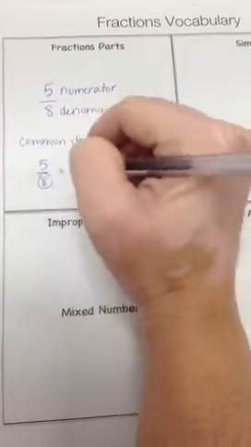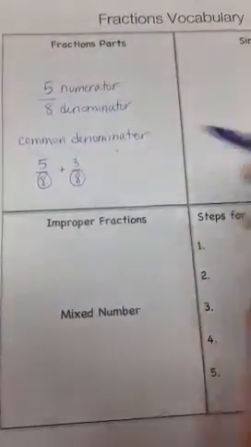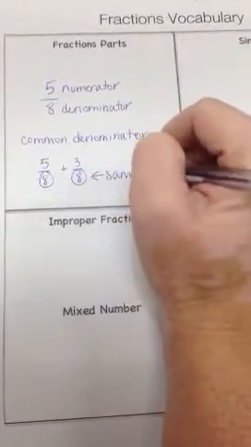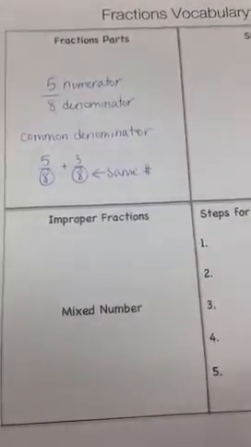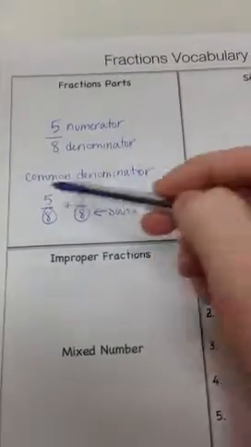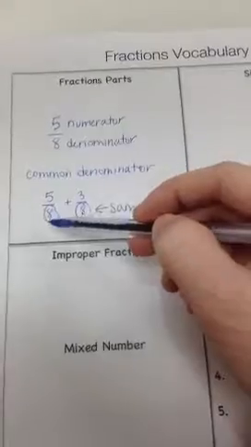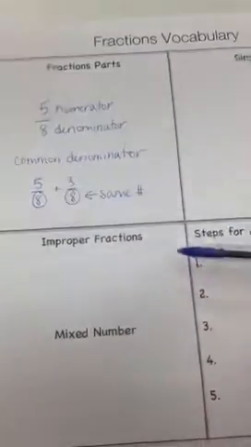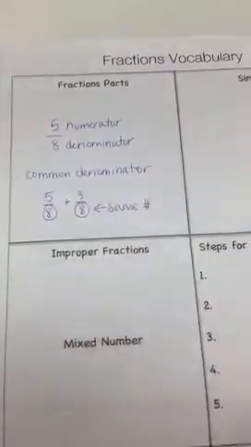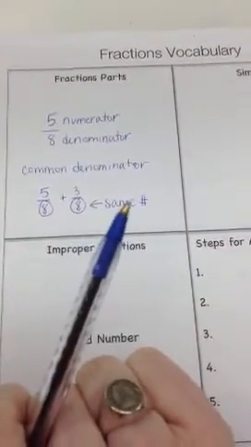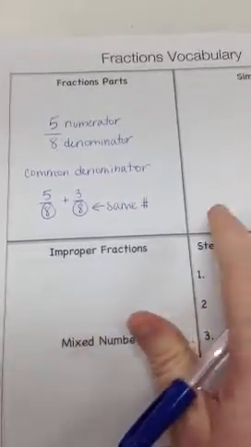If the denominator is the same on bottom, then that means that you can go ahead and add them or subtract them. So we have a numerator, a denominator, and a common denominator means the bottom has the exact same number where we can add and then we could subtract also. The denominator always stays the exact same. We don't ever add them or subtract them.